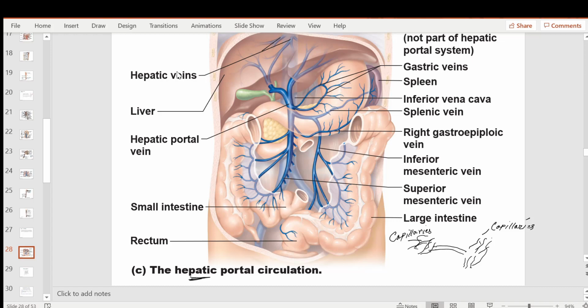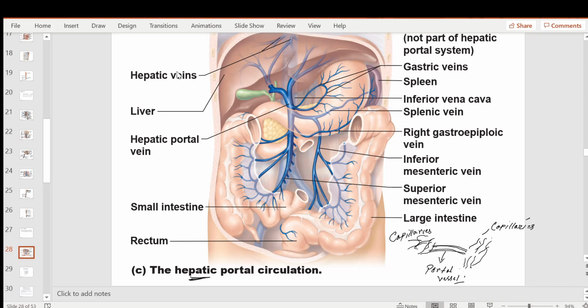Okay, and in a few places we have this system where two sets of capillaries are connected by a blood vessel, that is called the portal vessel or portal system. And this portal system is called the hepatic portal system or circulation.